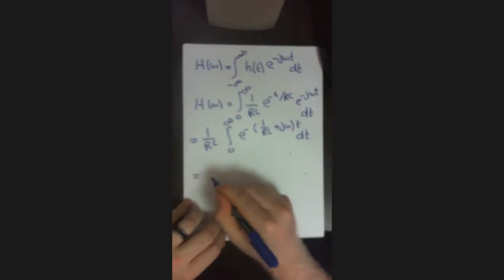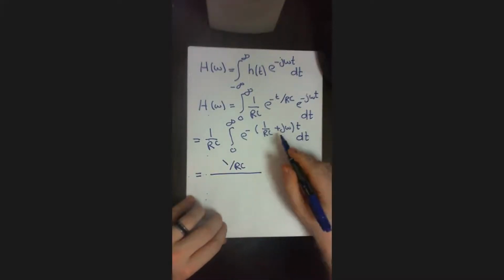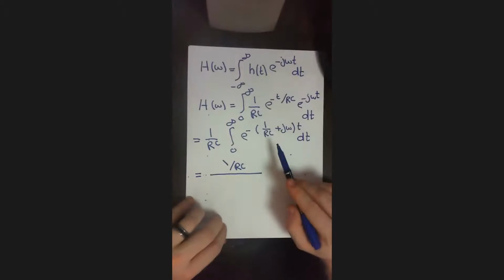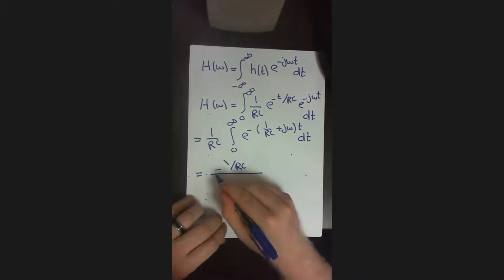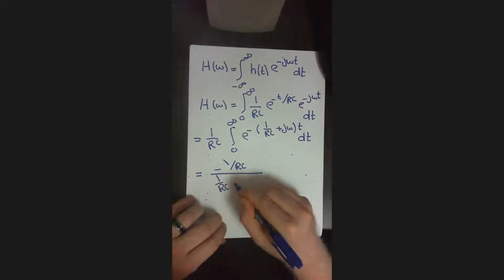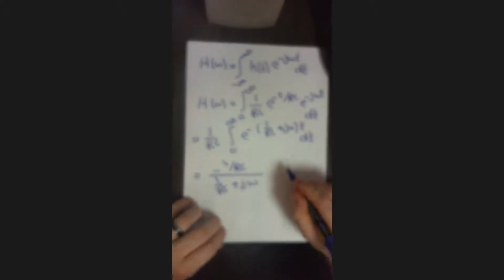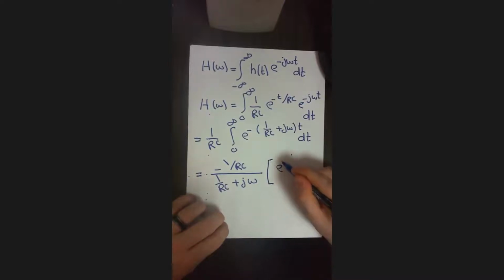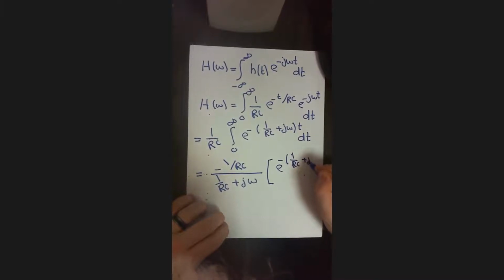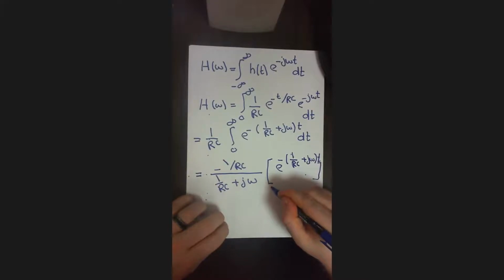So a very simple equation. 1 over RC plus j omega is here the denominator, with a minus sign, and then we have that term here, e power minus 1 over RC plus j omega t, and the limits of integration are from 0 to infinity.